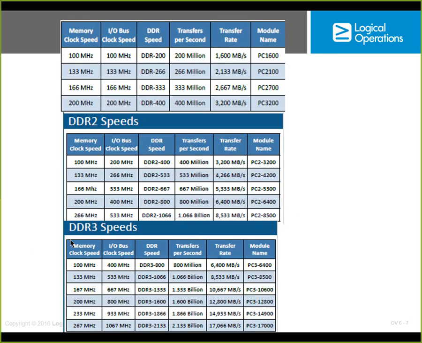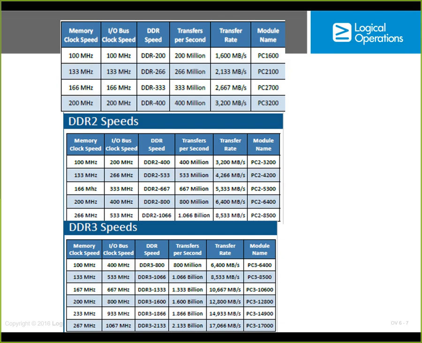DDR, we get 2, double data rate. This chart is out of the Professor Messer study guide, so you don't have to take it off of the slide. But if you look at these things, the memory clock speed, the top one is DDR. The memory speed is 100 megahertz. The I/O bus speed is 100 megahertz.